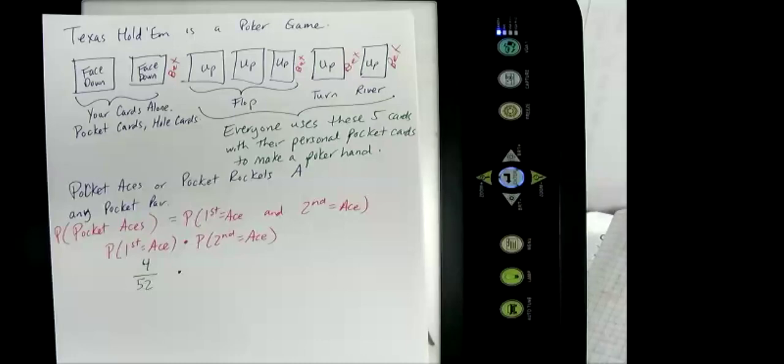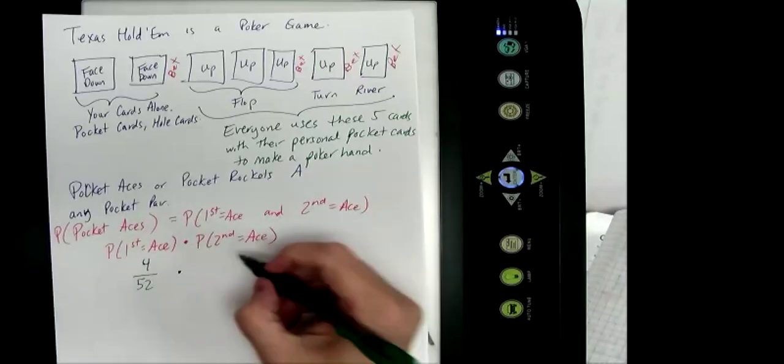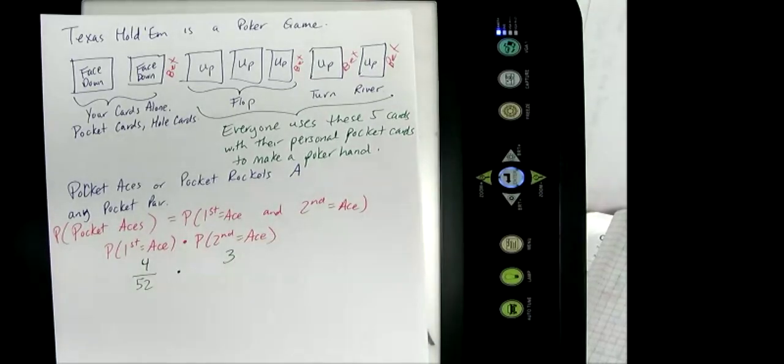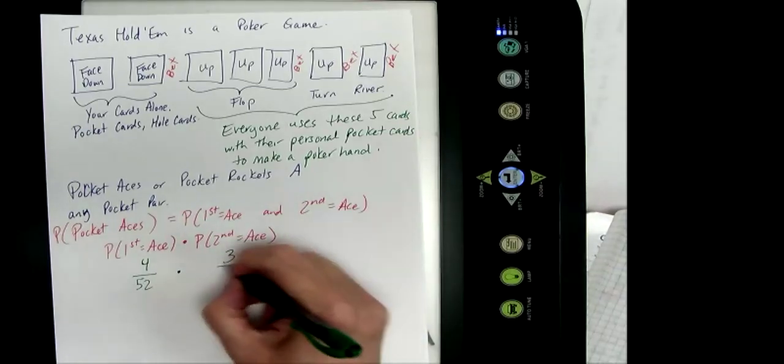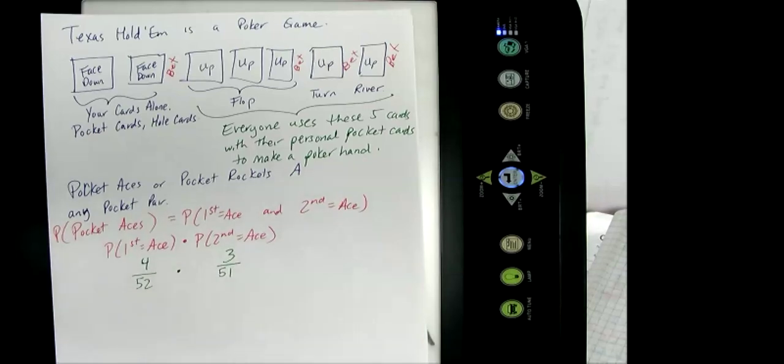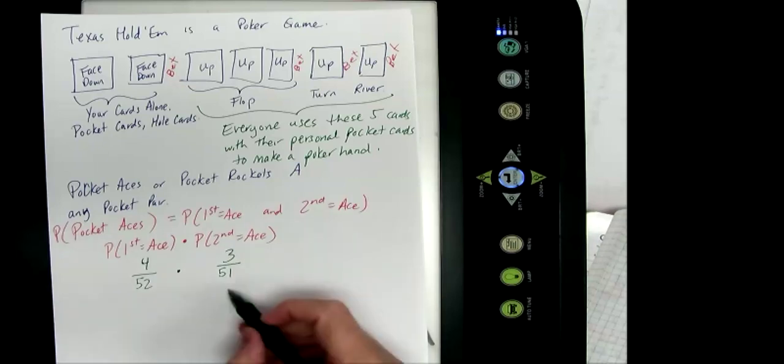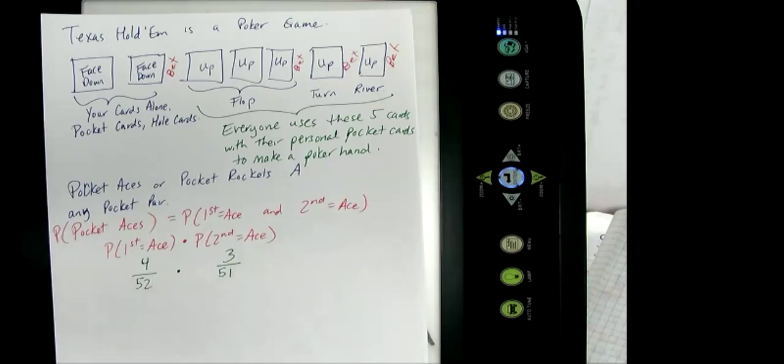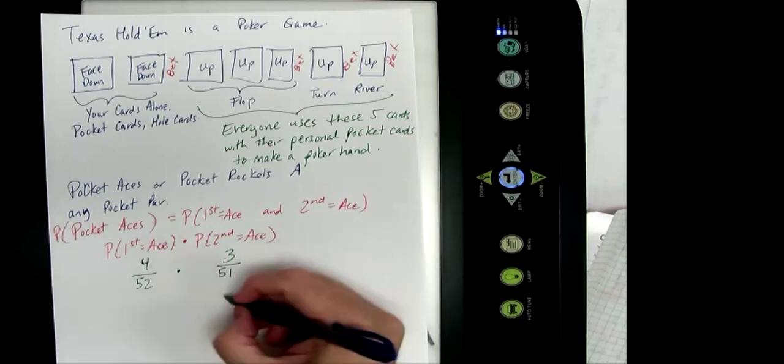You already have one of them. How many cards are left in the deck? 51. Notice that the probability has changed. This is called conditional probability.